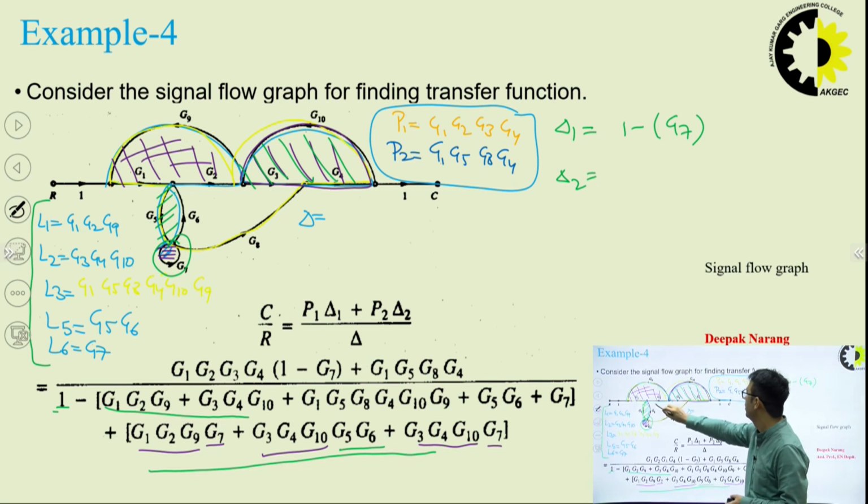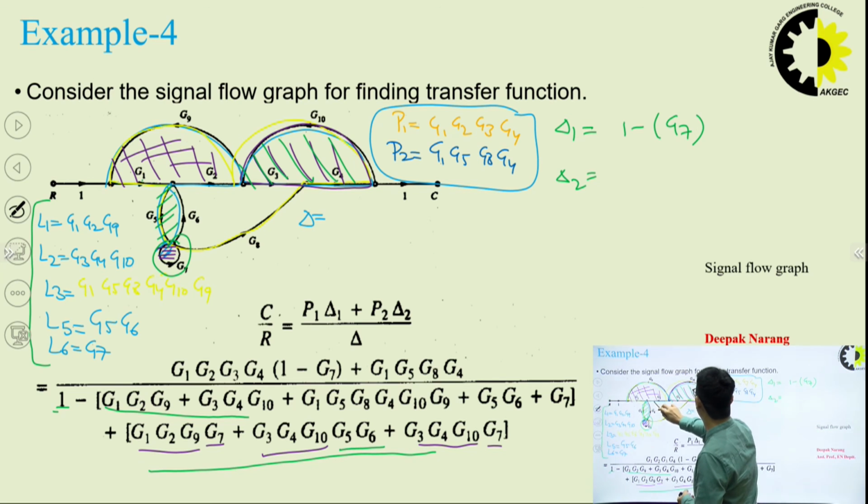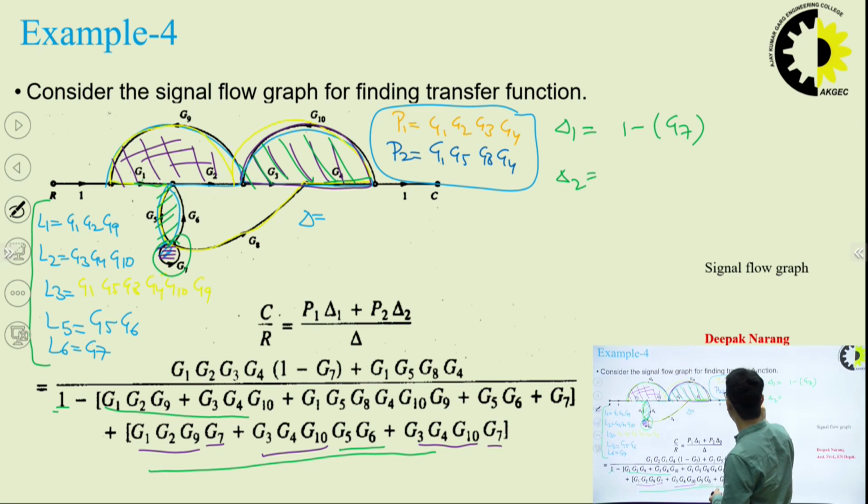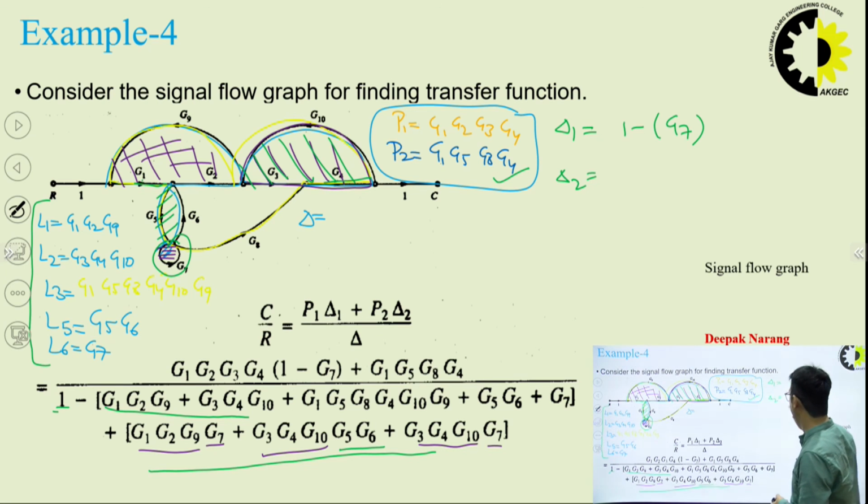Delta 2 belongs to the forward path G1, G5, G8 and G4. This forward path is touching all the loops, so delta 2 becomes 1.